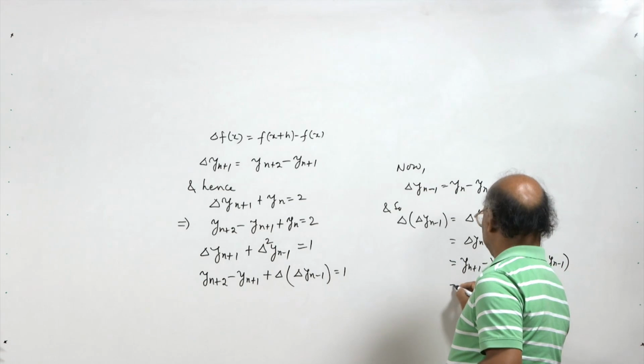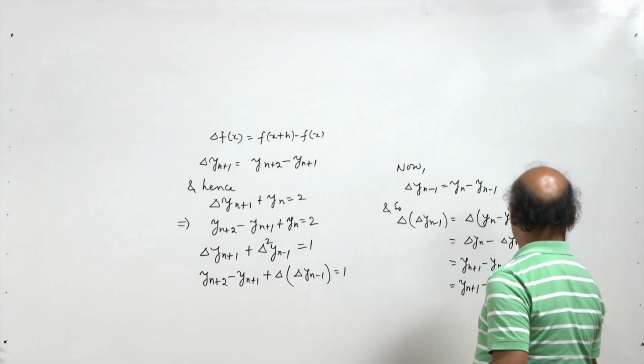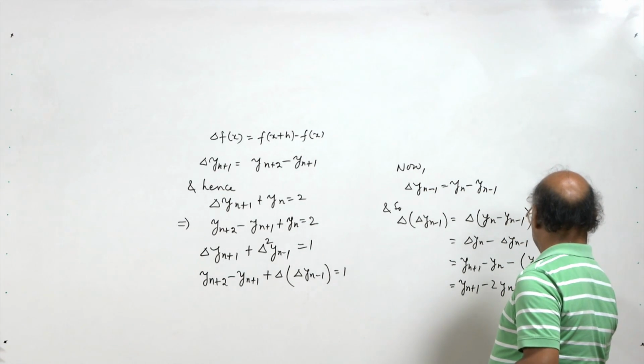So, we will get y(n+1) - 2y(n) + y(n-1).